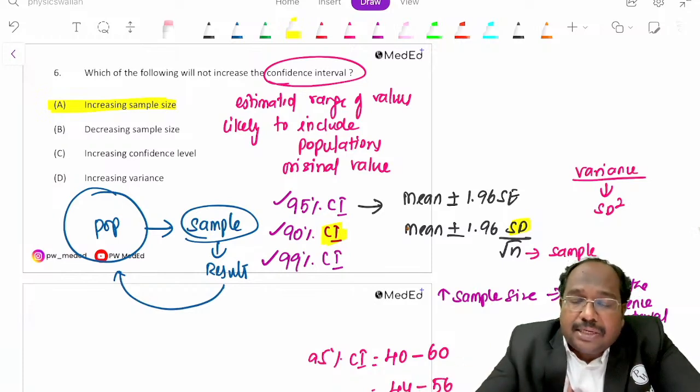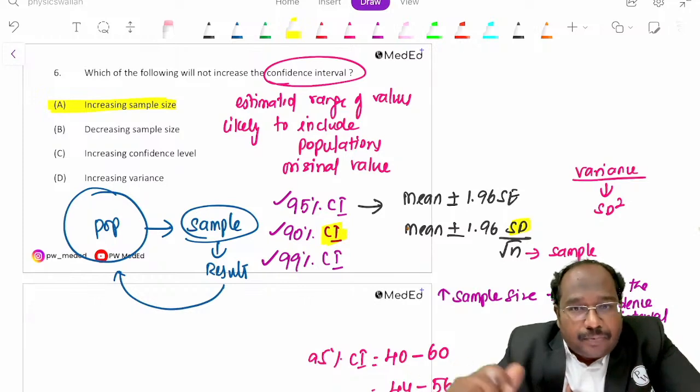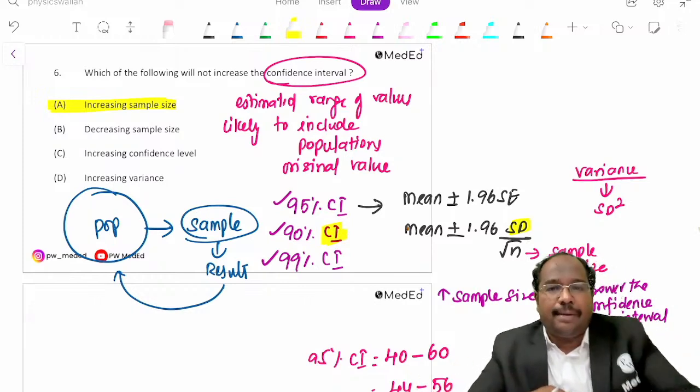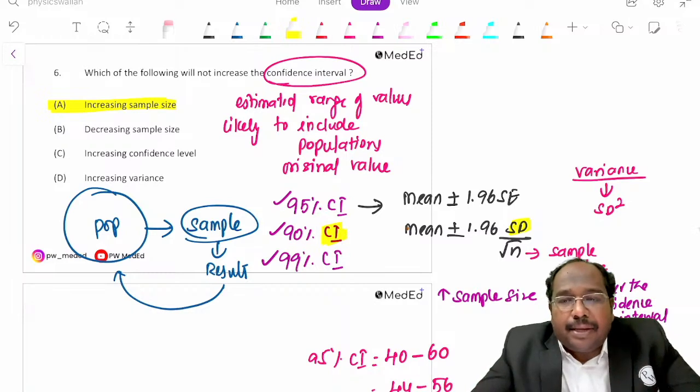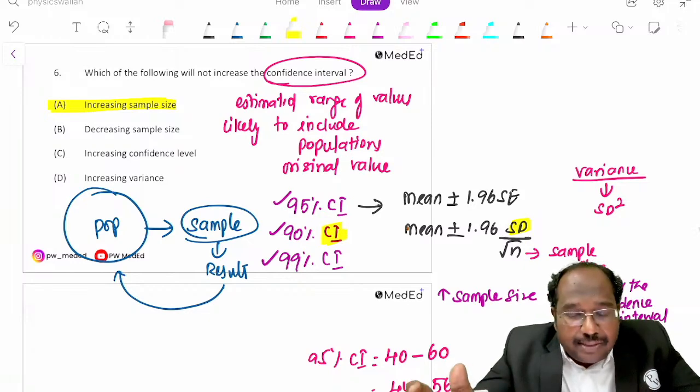Sample size and confidence interval are inversely proportional, so if you increase the sample size, there will be a decrease in confidence interval. Hope this is clear. We'll go to the next question. Other points are not important, but what I want you to remember here is that confidence interval and sample size are inversely proportional. More the sample size, less the confidence interval, narrower.